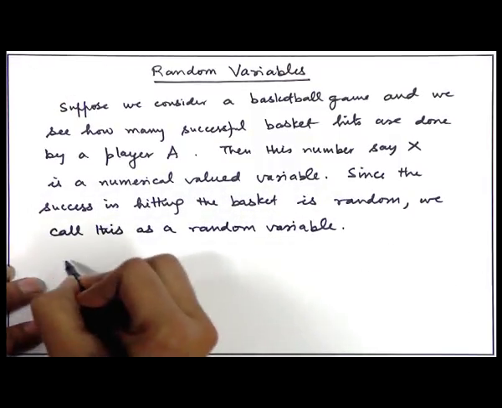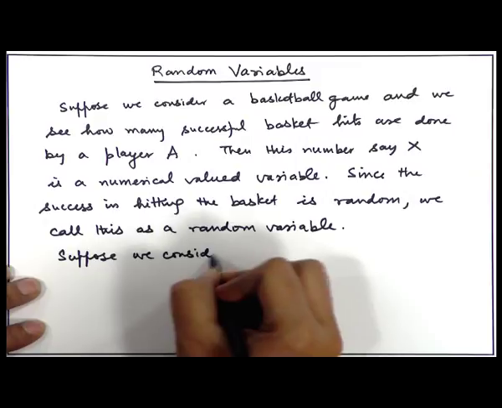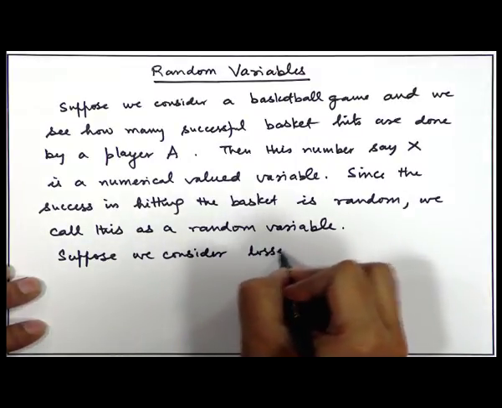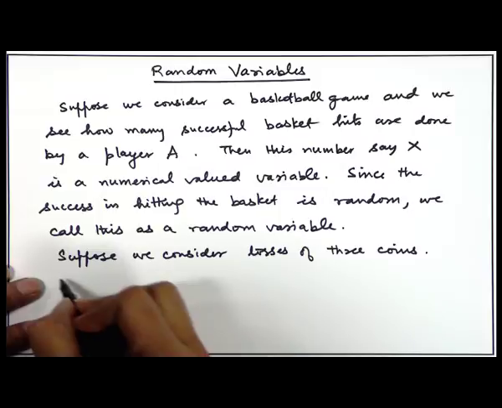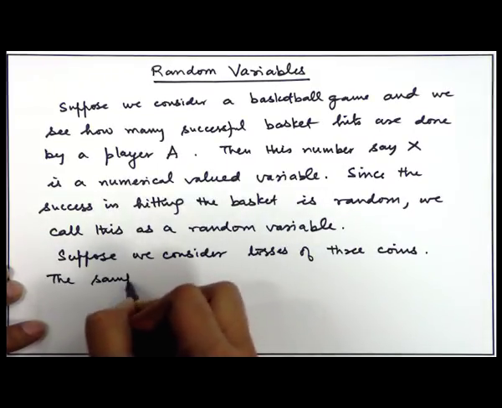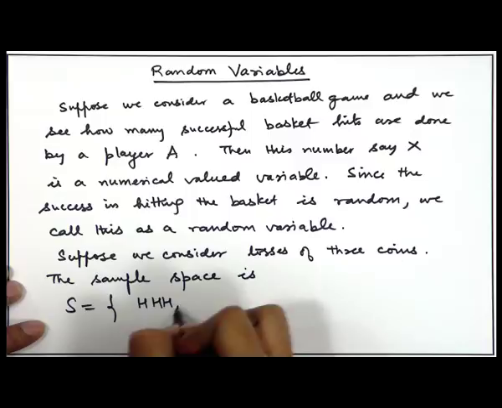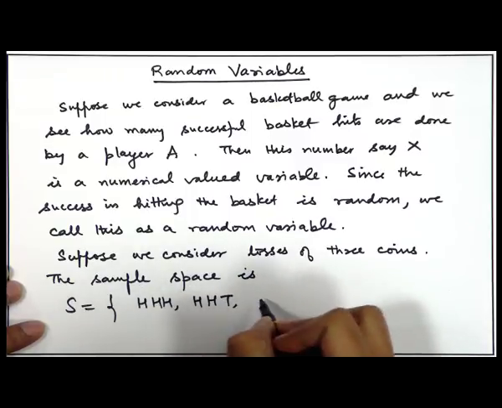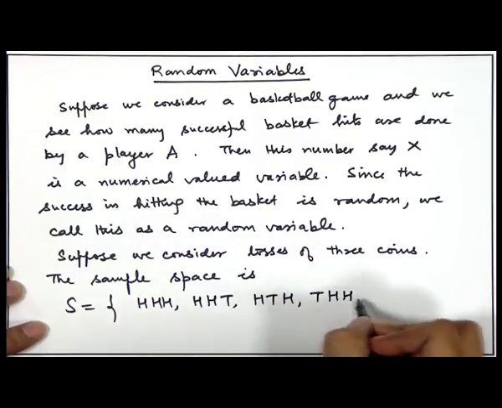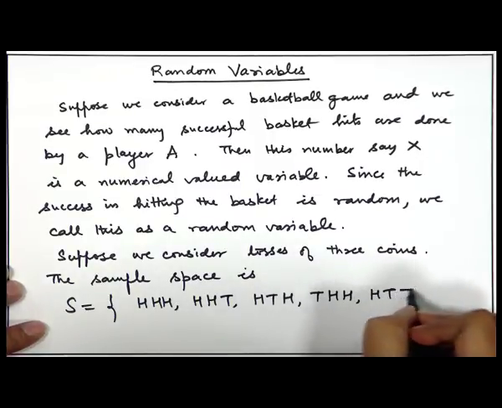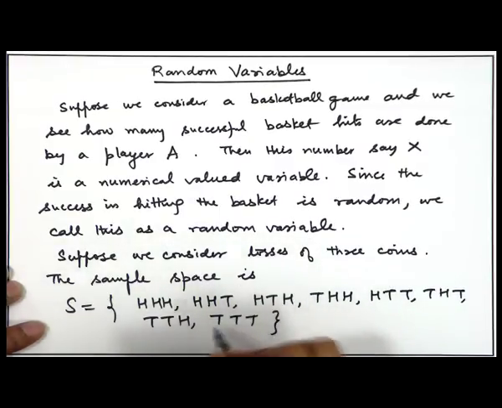So, let us consider tosses of 3 coins. Now, the sample space can be written as all 3 heads, 2 heads and 1 tail, which can be in the form of HHT, HTH and THH, or you can have 2 tails, or you can have all 3 tails.